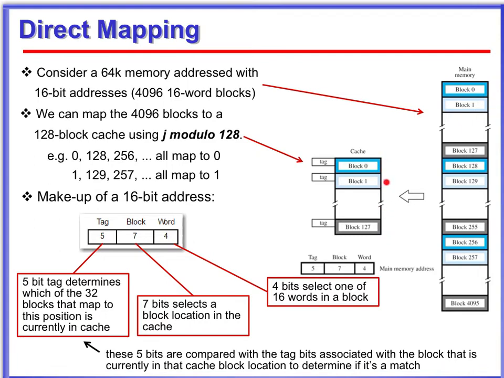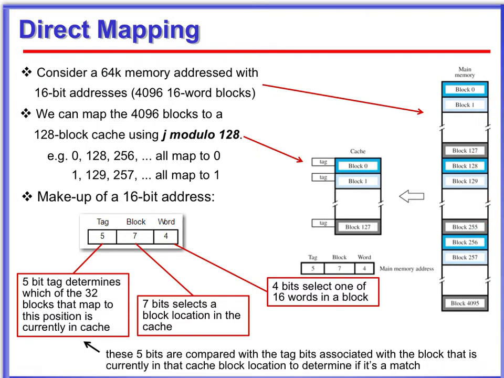So if we have 128 blocks here in the cache, we're going to group the blocks in groups of 128 in our main memory as well. So from 0 to 127 in main memory, right? That's 128 blocks. And then from 128 to 255, that's another 128 blocks.